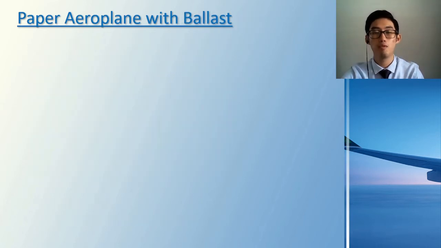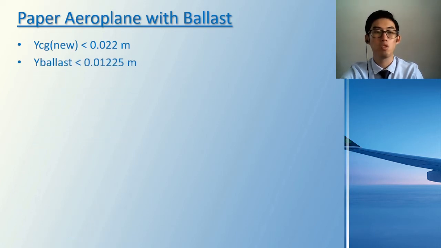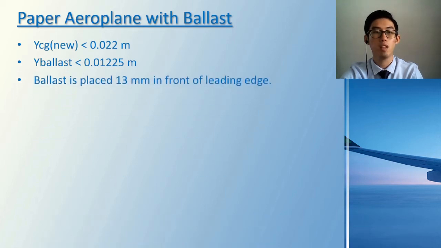For paper aeroplane with ballast, the first condition I need to consider is the CG point needs to be less than the SC point, which is 0.022 meter. So, the location of ballast needs to be less than 0.01225 meter. Therefore, I place the ballast 13 mm in front of the leading edge.